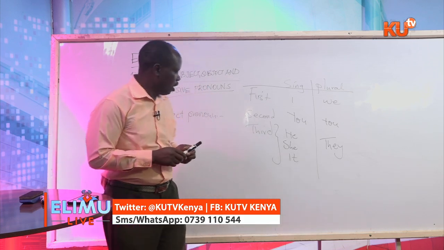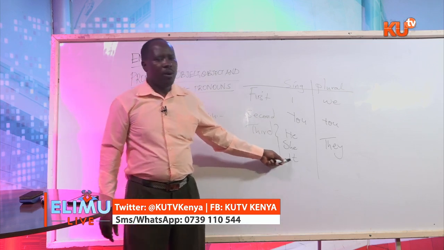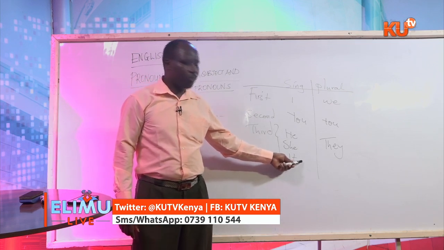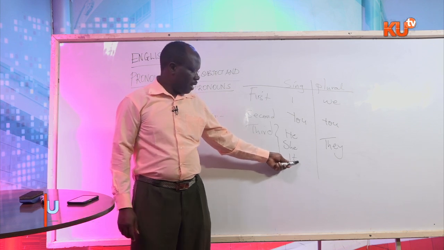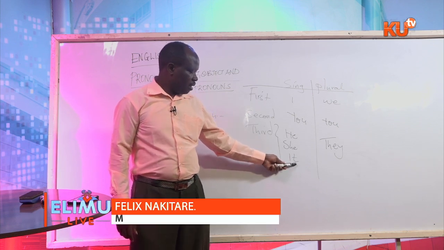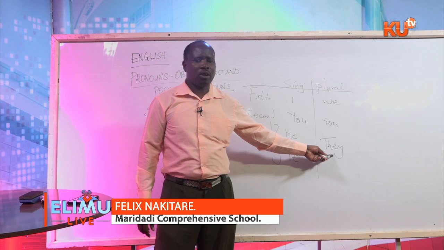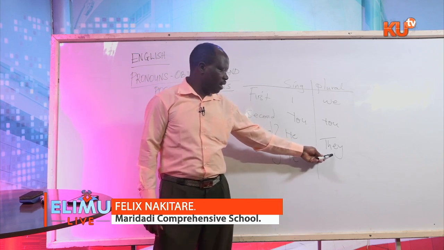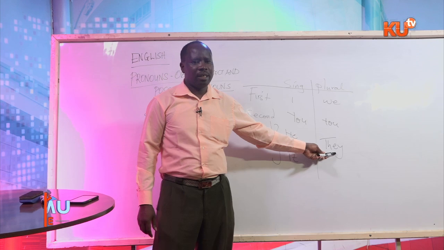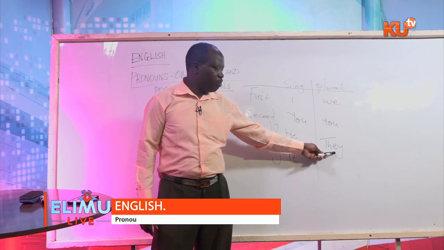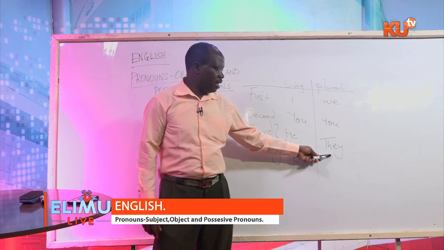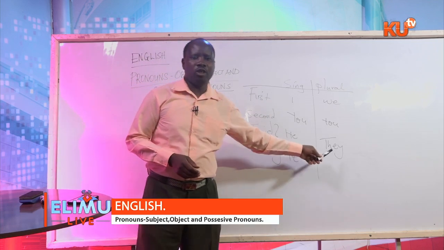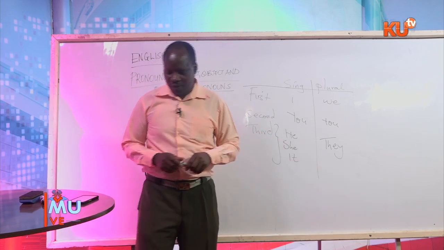It is in plural. So it moves from the pronoun representing animals, plants, and non-living objects to its plural. The plural of animals, plants, and non-living items is they. Therefore, dogs barked yesterday, we shall say they barked yesterday. We replace dogs by that pronoun they.